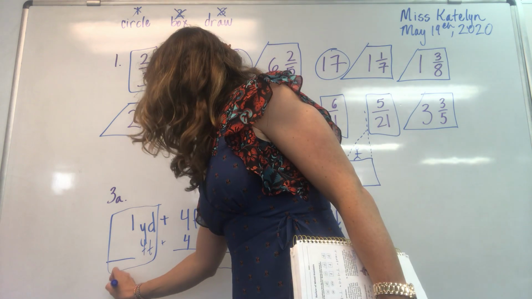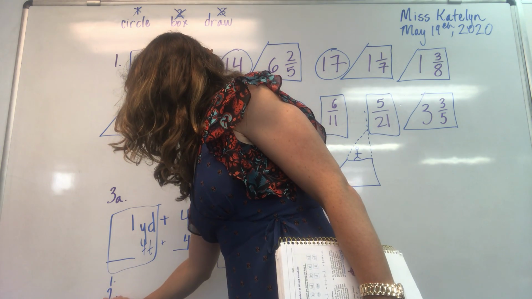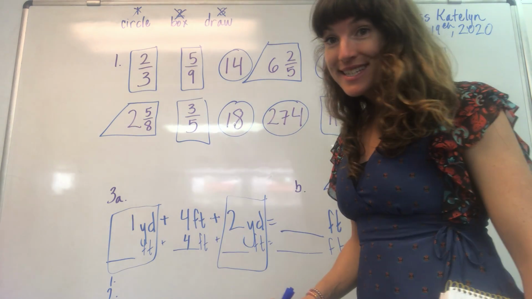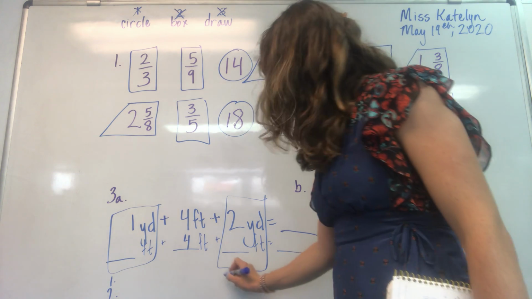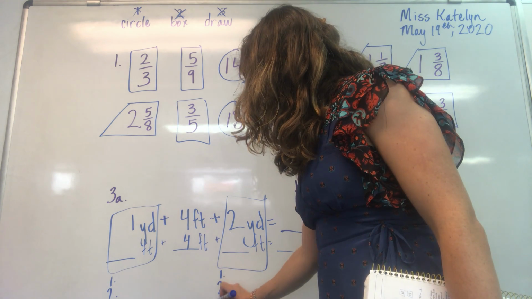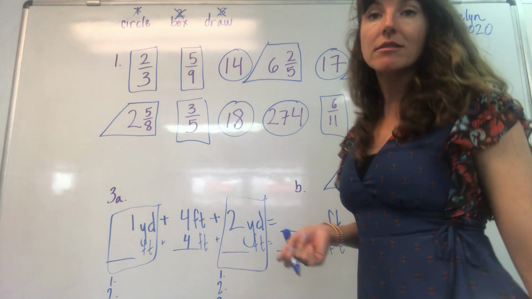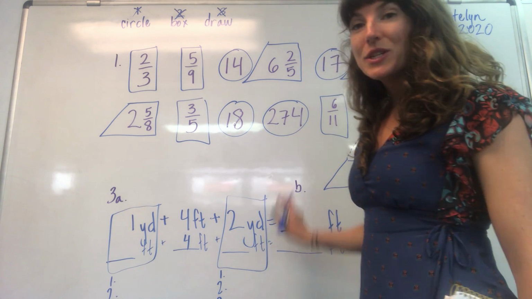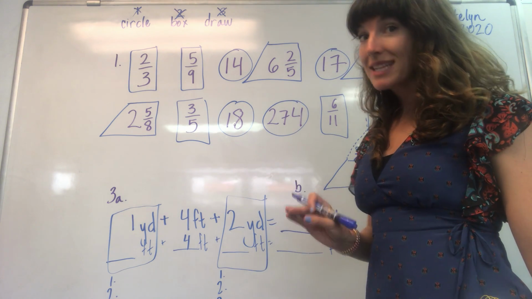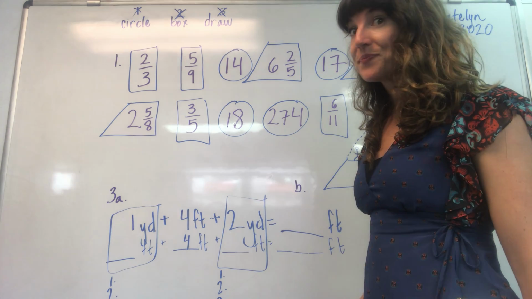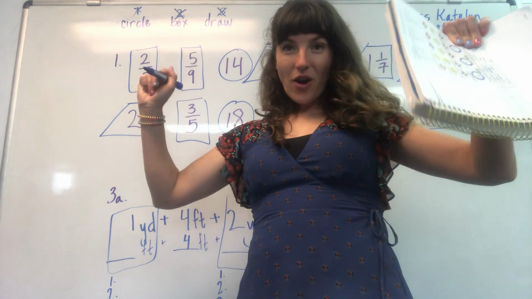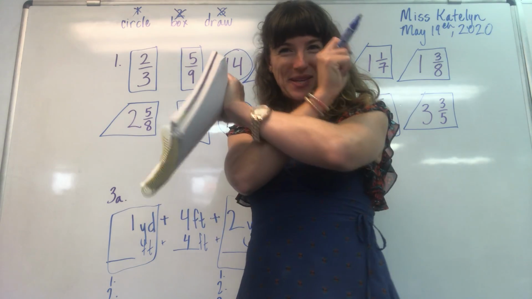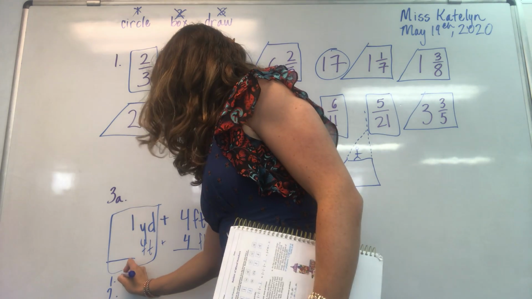1, 2, 3, 4, each box. Oh, you can't really see that. Well, you know what I'm doing. 1, 2, 3 below each box. All of them. Yards to feet, multiply.